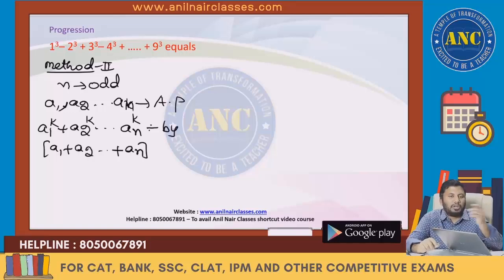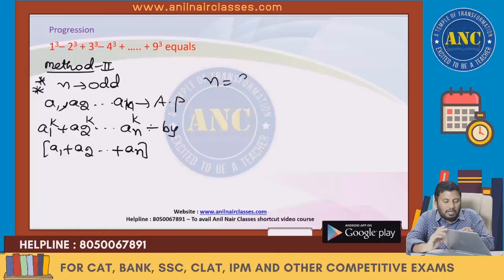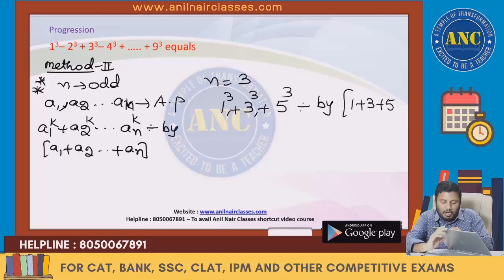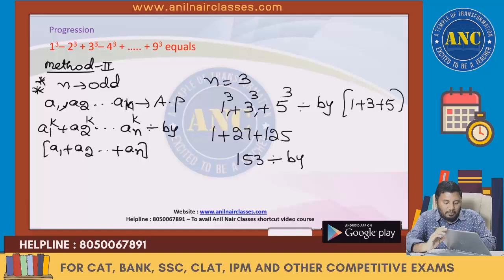This is something which I discussed in the reminders. If n is 3, 1, 3, 5 are in AP, cube it: 1 cube, 3 cube, 5 cube. It should be divisible by the sum of its bases. 1 plus 27 plus 125 is 153. It is divisible by 9.